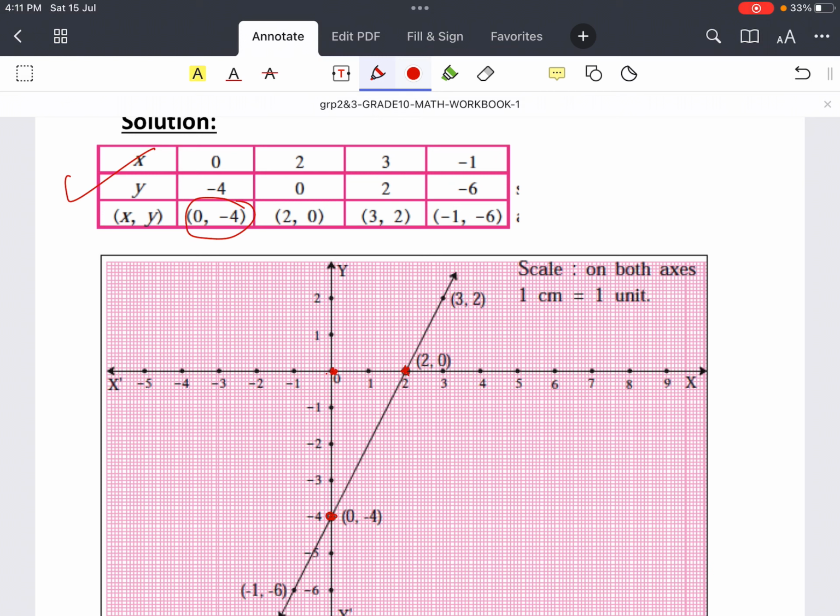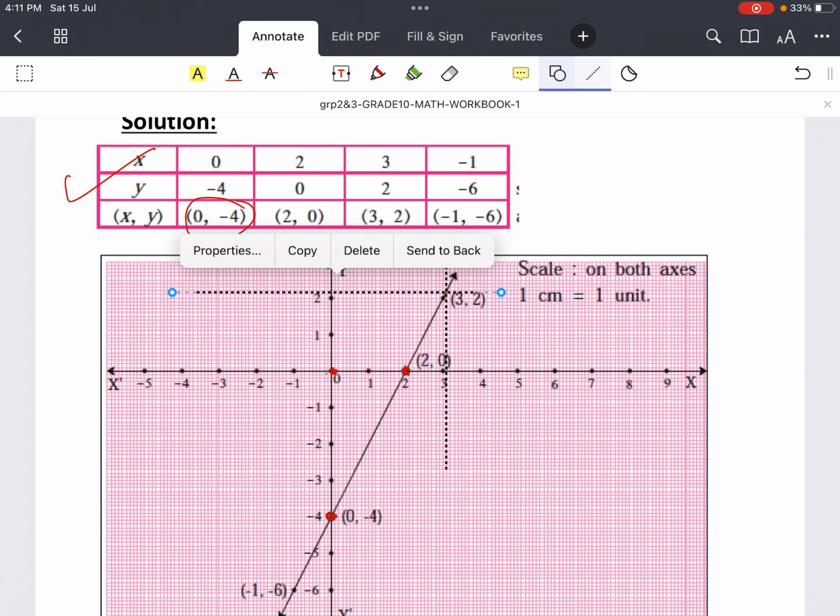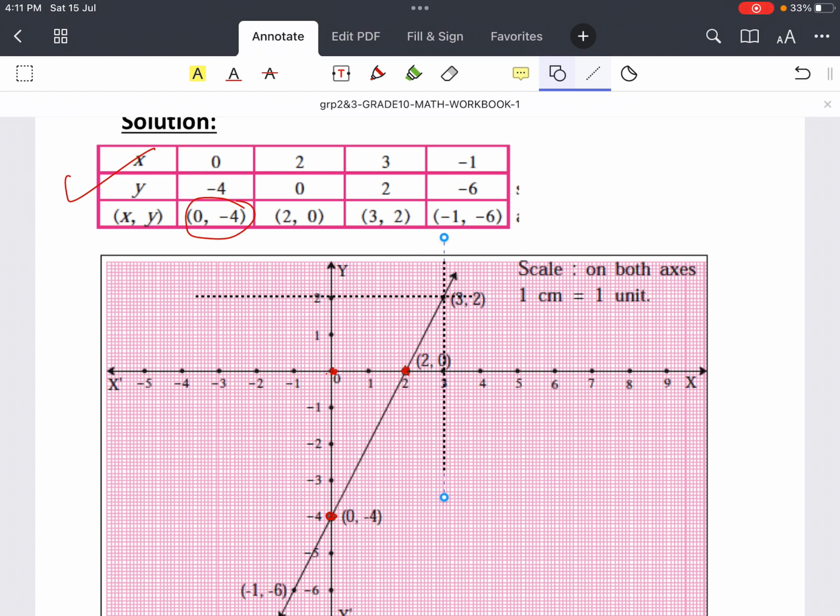As per the previous one, draw a vertical line from 3, and from 2 draw like this. Here is your intersecting point, which we call the third point, which has coordinates 3 and 2.